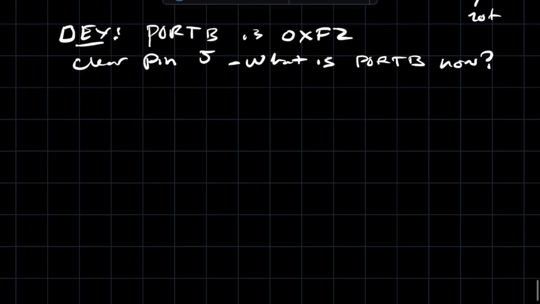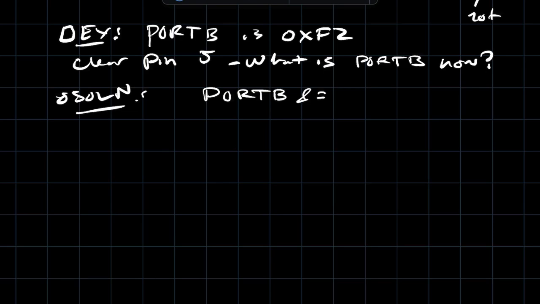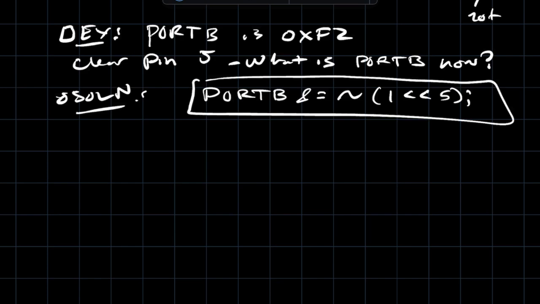Obviously in hex. Again, the solution is pretty straightforward. The C code would be PORTB AND equals, but then I use the logical NOT, or tilde, 1 left shifted by 5, semicolon. So that's how you actually do that part.